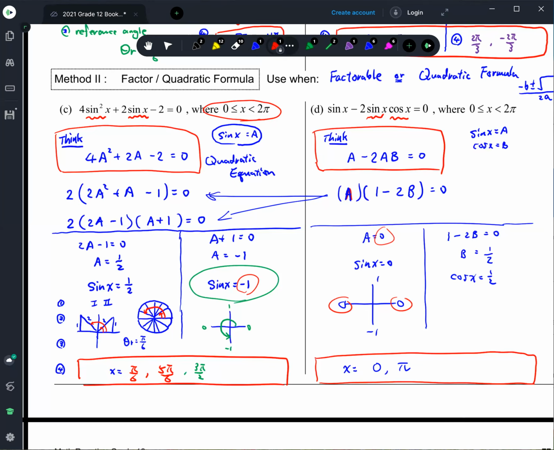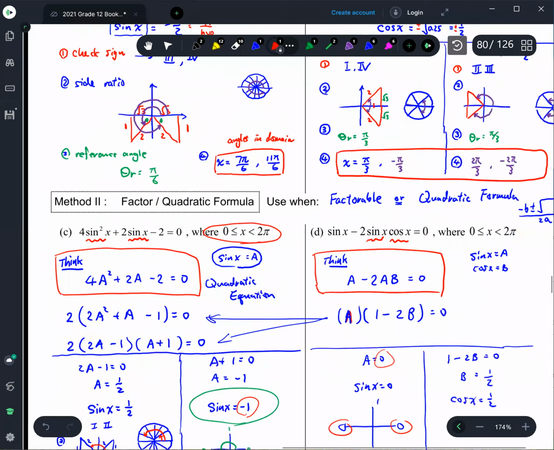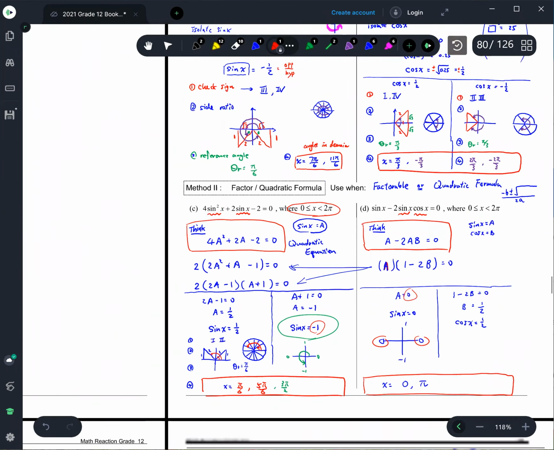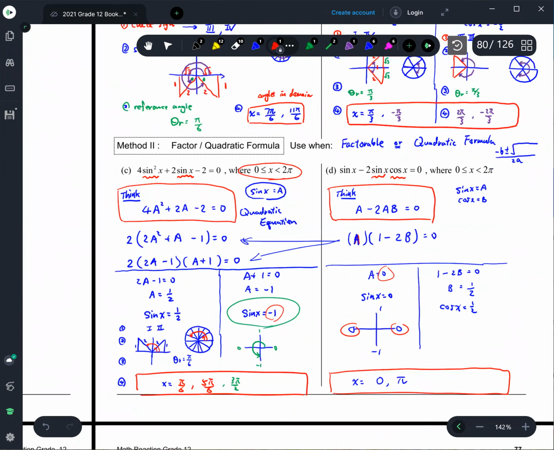Cosine half, I think we did that before, right? Cosine half, do we have cosine half? Cosine half is right up here, right? Picture's there, but domain is different. Okay, please raise your hand if you have the answer. Same place, right? Quadrant 1 and 4.